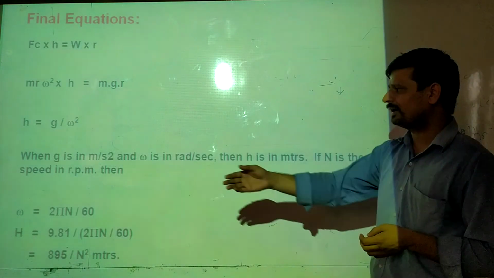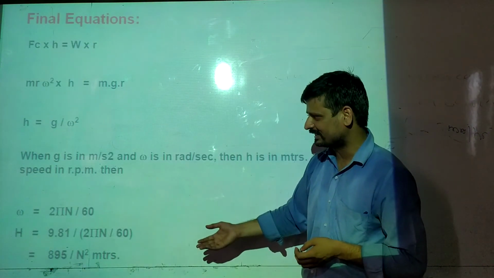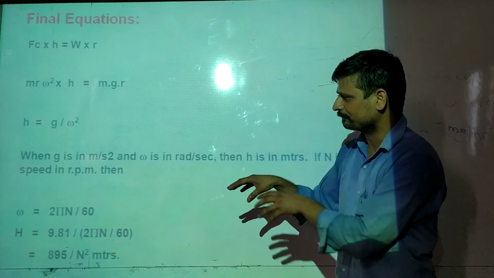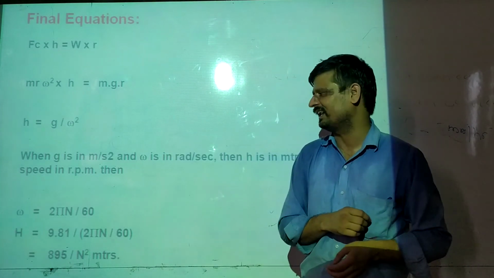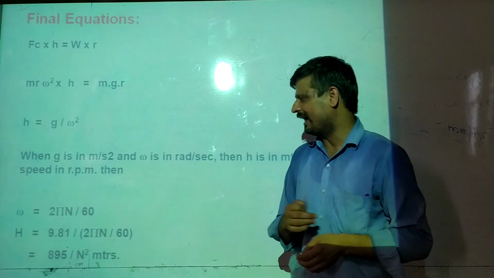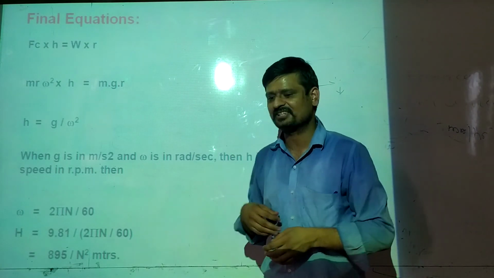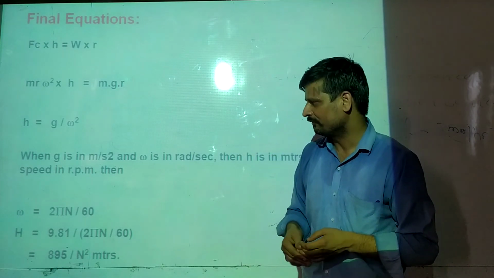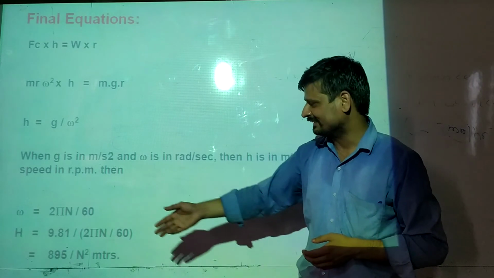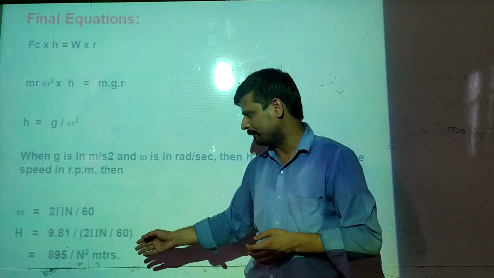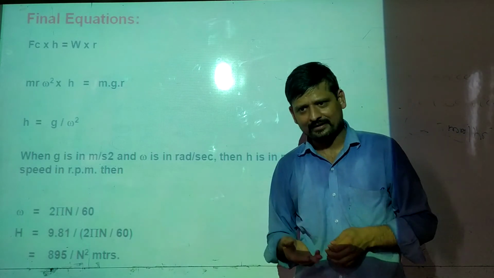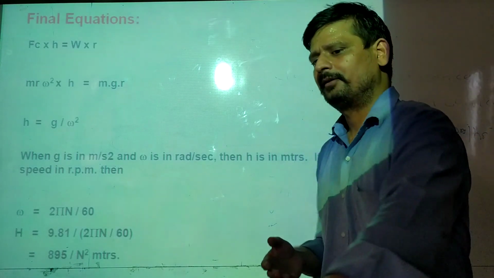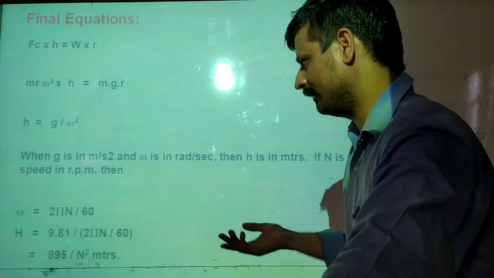We all know omega is 2 pi N by 60. By putting these values in the equation, we have a final relation between the height of a governor and the speed of a governor, which is written as h equal to 895 by N square. It is in meters, which can be changed to other units by simple calculation.